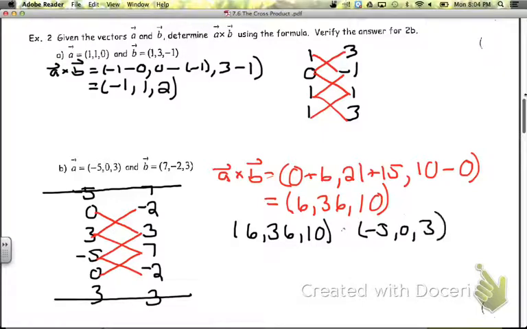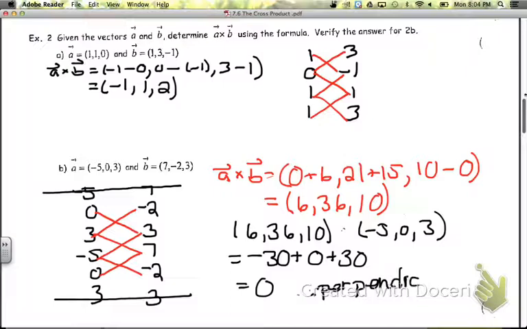So this is how we verify our answer. This will equal 6 times negative 5, which is negative 30, plus 36 times 0 is just 0, and 10 times 3 is plus 30. Therefore, it's equal to 0, so therefore perpendicular. And we know therefore we have done the question correctly.